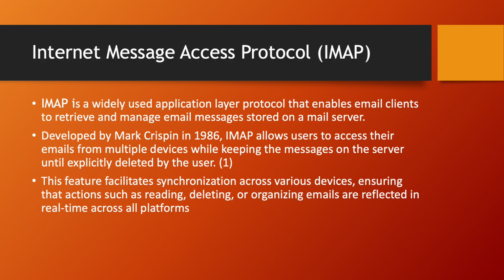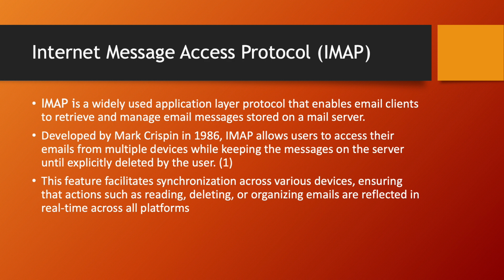So, the Internet Message Access Protocol, or IMAP, is a widely used application layer protocol that enables email clients to retrieve and manage email messages stored on a mail server. It was developed by Mark Crispin in 1986.